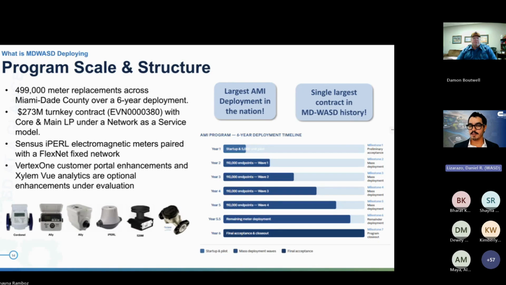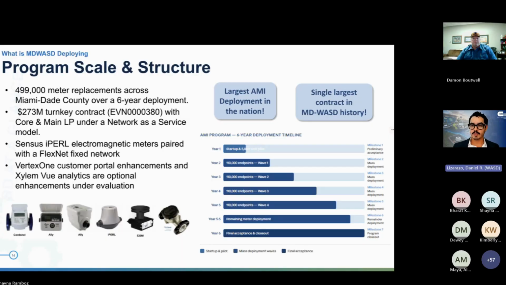So it is a $273 million contract. Our prime contractor is Core & Main, with AECOM as program manager. And it's essentially being done under a network as a service model. As far as equipment that's scoped to be installed, for the majority of the installs, we are installing the Sensus iPERL magnet meters, paired with the fixed FlexNet network associated with that.